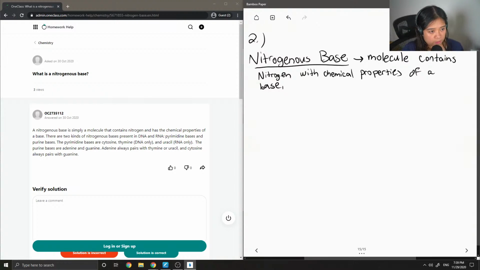This is because all the nitrogen groups contain lone pairs of electrons.